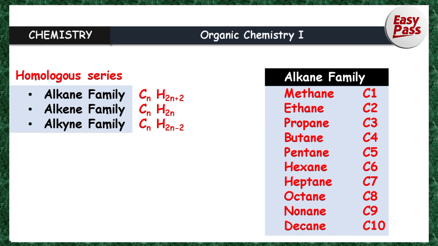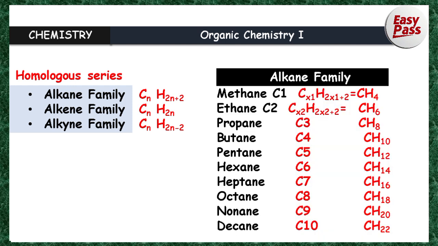Let's solve: C1 equals H of 2 times 1 plus 2. 2 times 1 is 2, plus 2 is 4. So we have C1H4; for methane, we have CH4.